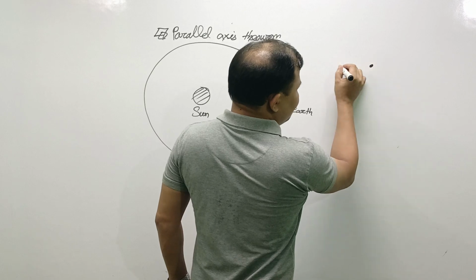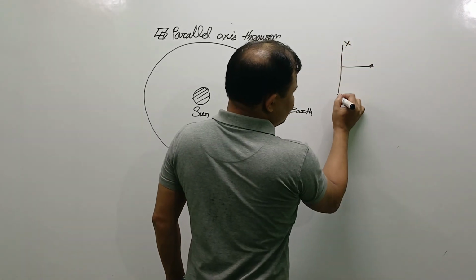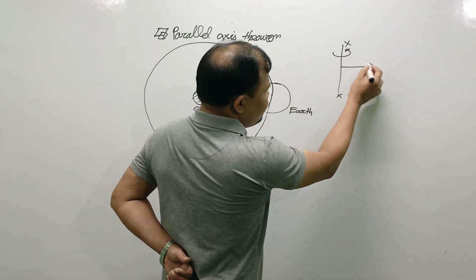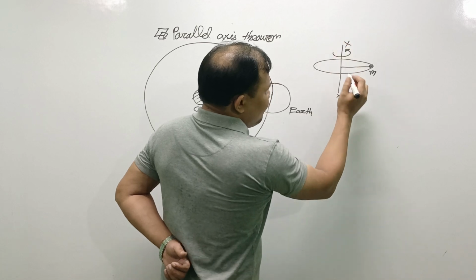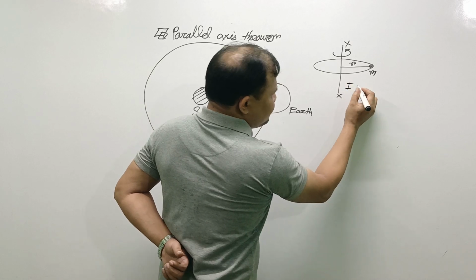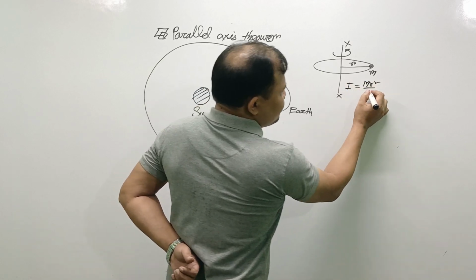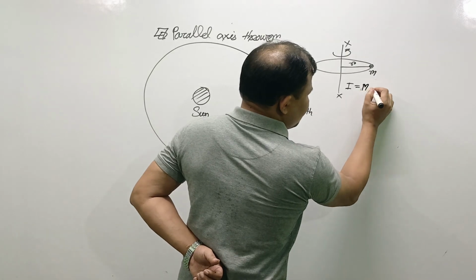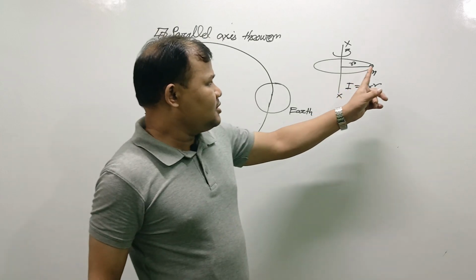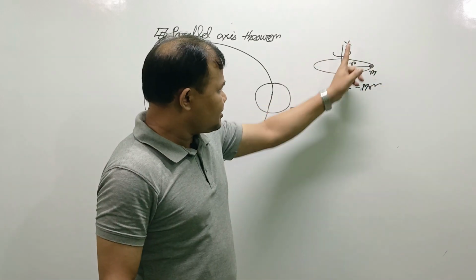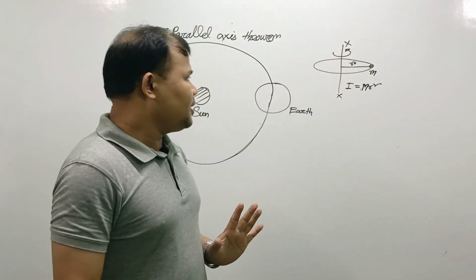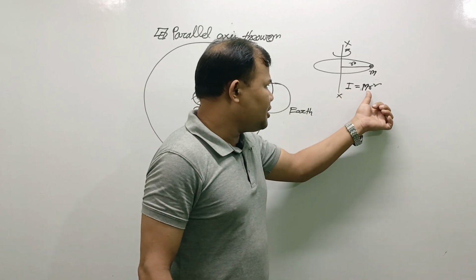If this is a particle and x prime is a rotational axis, and this is a point mass rotating around the axis, and the perpendicular distance between the mass and the rotational axis is r, then the moment of inertia I will be m r square. This is the basic formula to find the moment of inertia of a particle. So the moment of inertia will be I is equal to m r square.